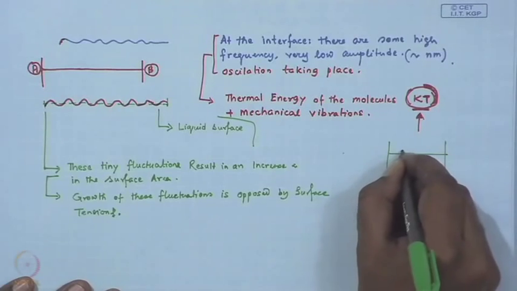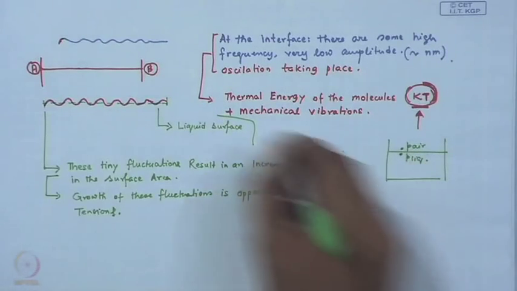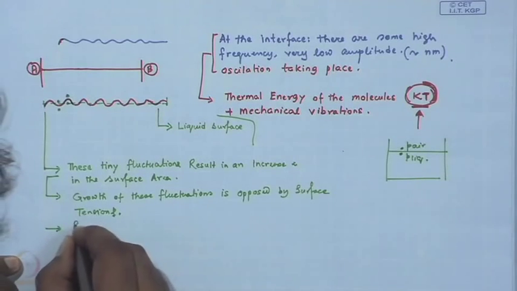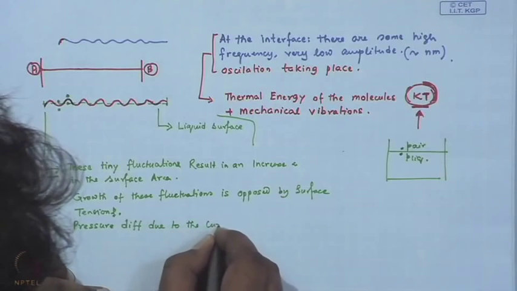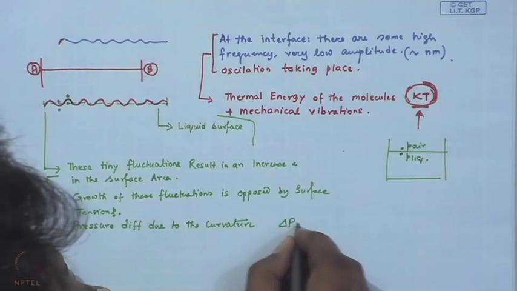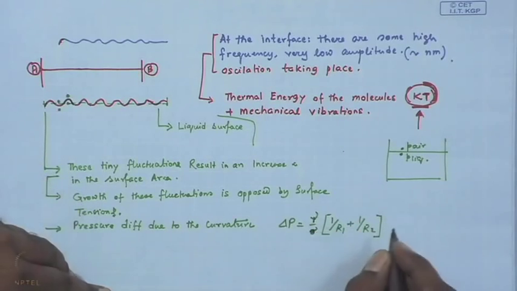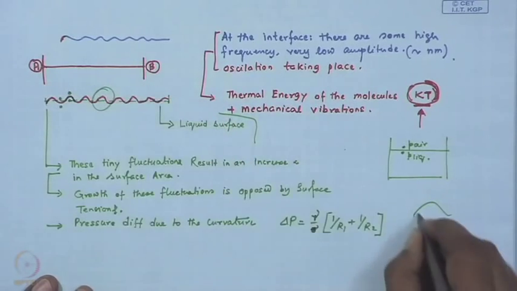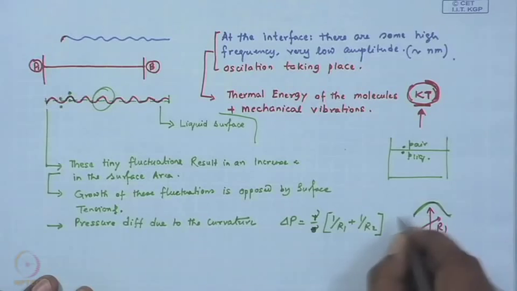But since the surface is not flat, the pressure just outside and the liquid side is not the same anymore, and you have a pressure difference due to the curvature, which is given by the Young Laplace equation, and this is related to the local radius of curvature of any fluctuation we pick up, and the surface tension.